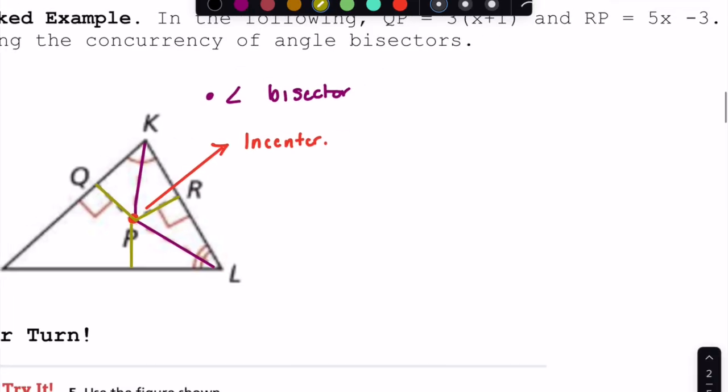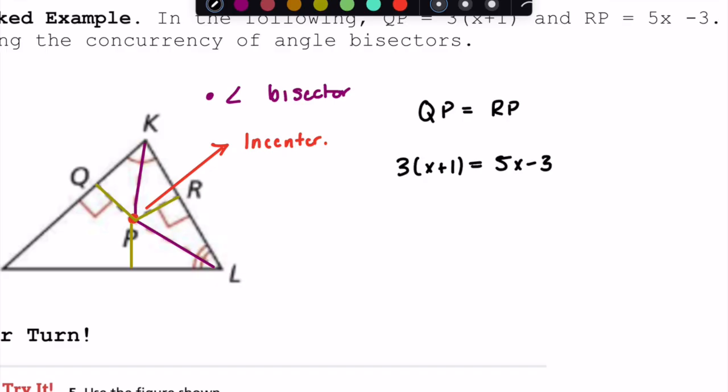Because of that, we can say QP is equal to RP. So 3x plus 1 is equal to 5x minus 3. Then we distribute, so that's 3x plus 3 is equal to 5x minus 3.